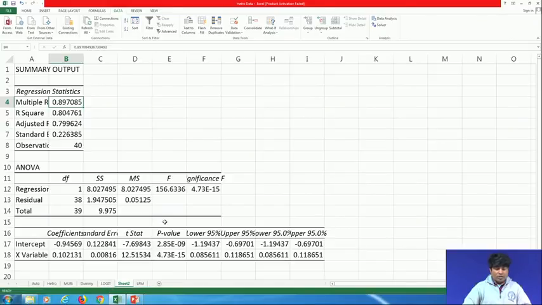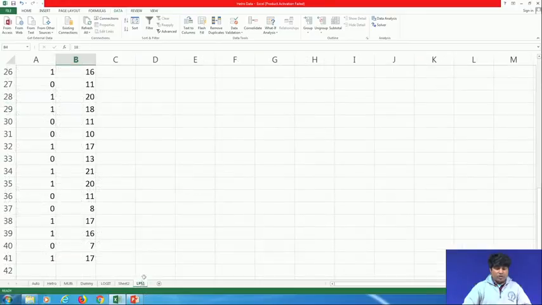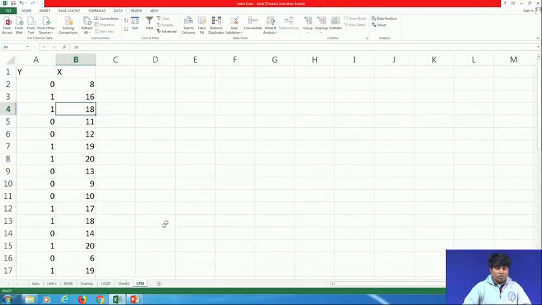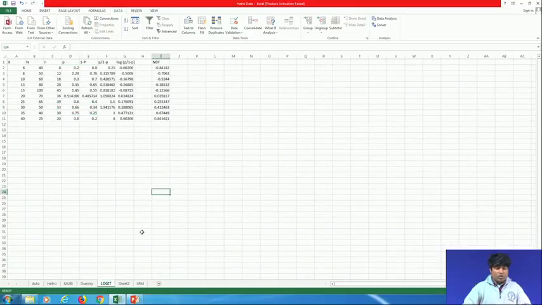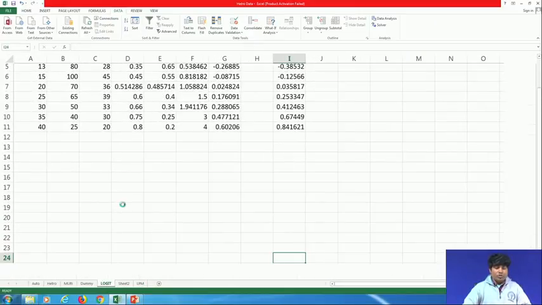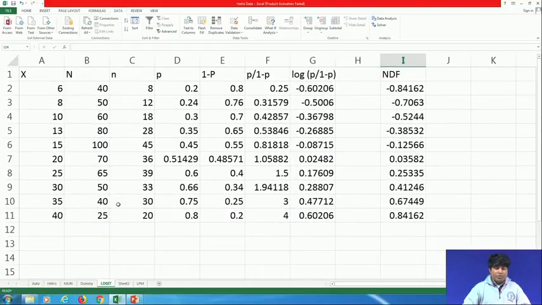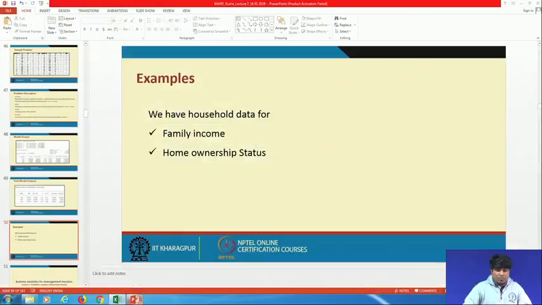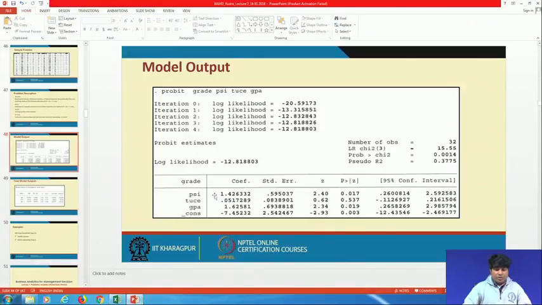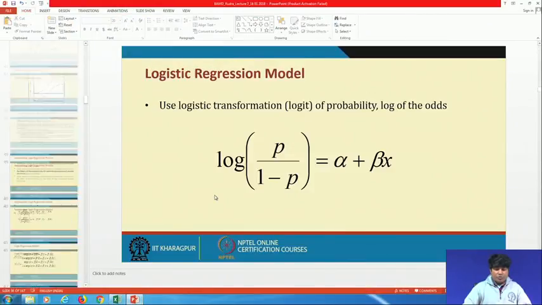This is a similar kind of problem which we can address through other models, that is the logit model and probit model. In the case of the logit model and probit model, our modeling structure is like this, compared to the previous ones.